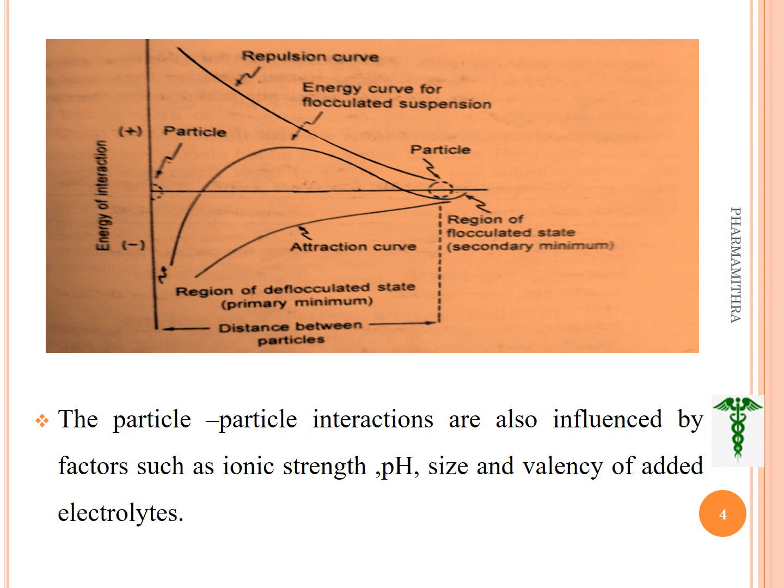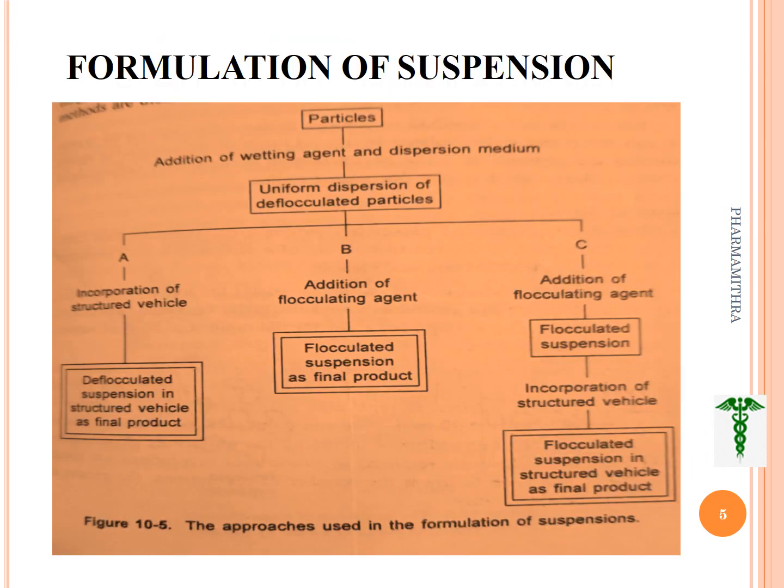This is the region of the deflocculated state, and this is the region of the flocculated state. That is why we call the region of the flocculated state the secondary minimum, and the region of the deflocculated state the primary minimum. You are supposed to draw this plot if you are writing about DLVO theory or flocculated suspension.